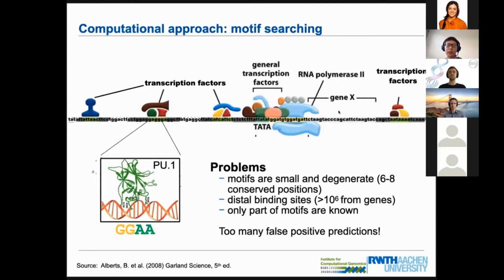The first is that motifs are usually small and degenerate. The second is that the binding sites of transcription factors can be many kilobases distant from the gene that they regulate. Last but not least, the public datasets are usually incomplete, meaning that only part of the motifs are known. So this method will generate too many false positive predictions.